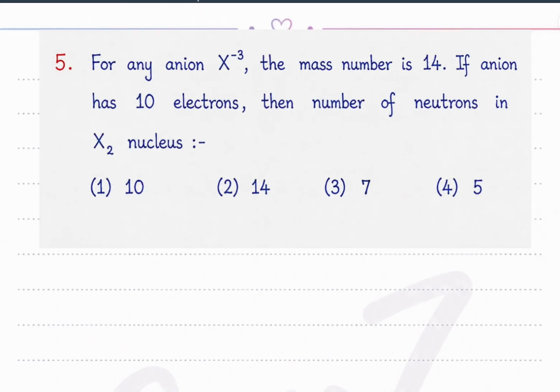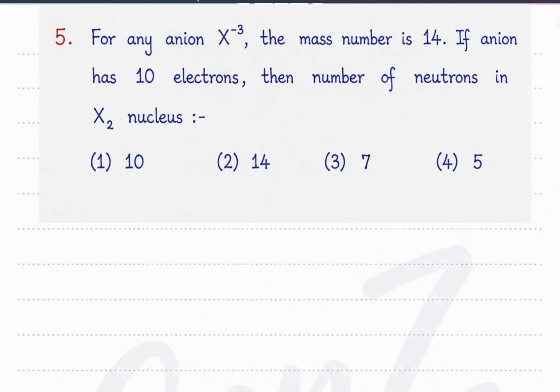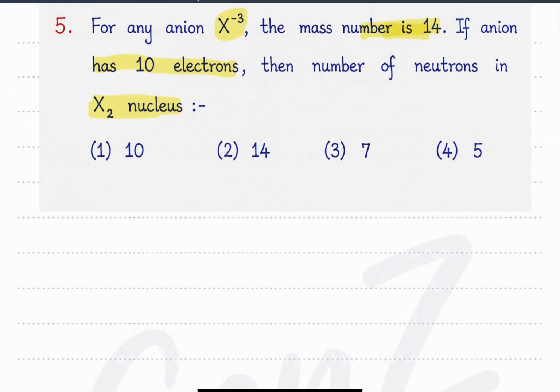Next question. For any anion X3 minus, the mass number is 14. If the anion has 10 electrons, then the number of neutrons in X2 nucleus is asked in this question. Let us observe here: X3 minus has 10 electrons.